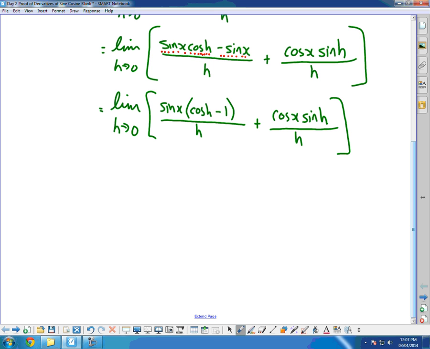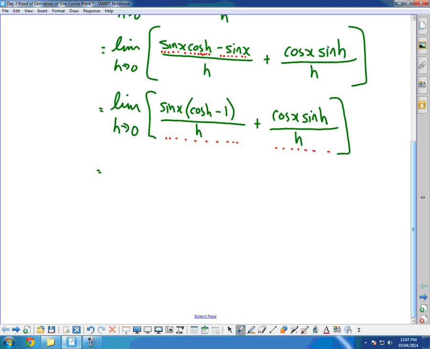Now I'm going to use one of my limit rules from the assignments at the beginning after Unit 1, where you did an assignment on limits. There you discovered that if you're taking the limit of a sum, you can take the limit of each of the terms. That's what we have here. We have a sum, this thing plus this thing. So if I'm taking the limit of a sum, I can take the limit of each part of that sum.